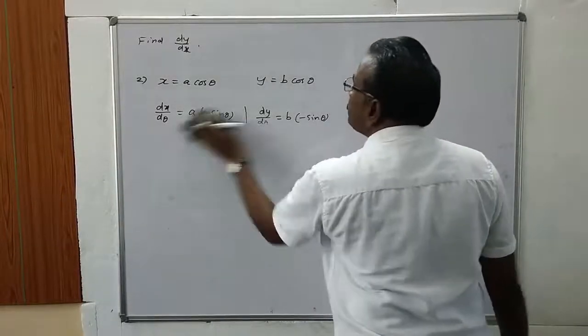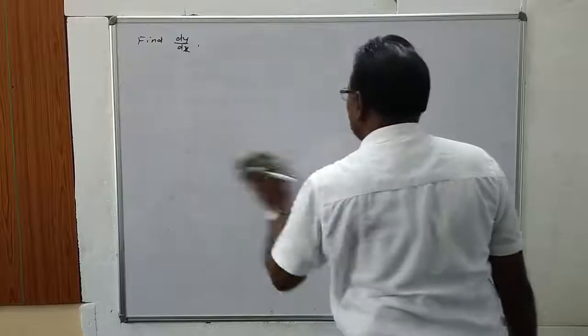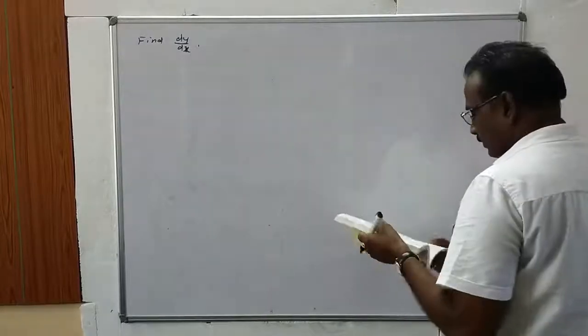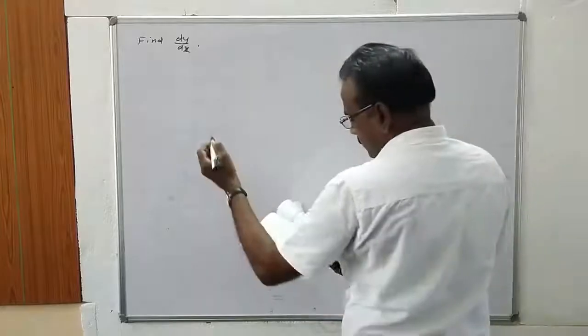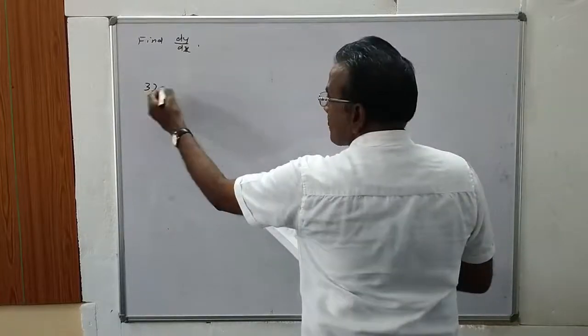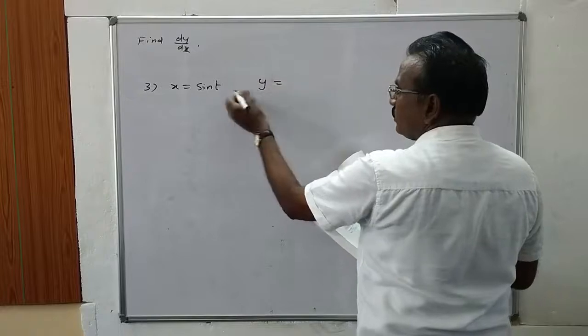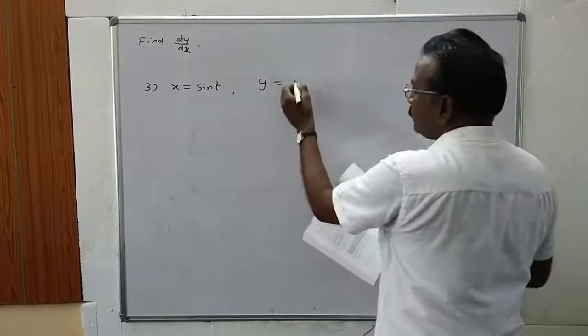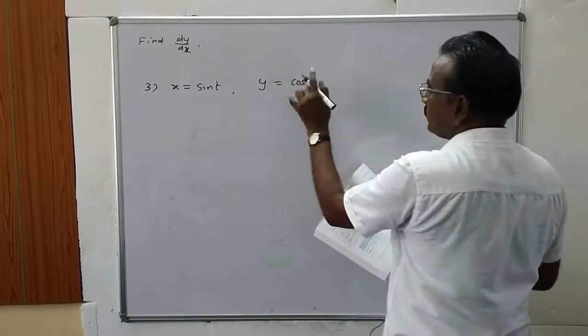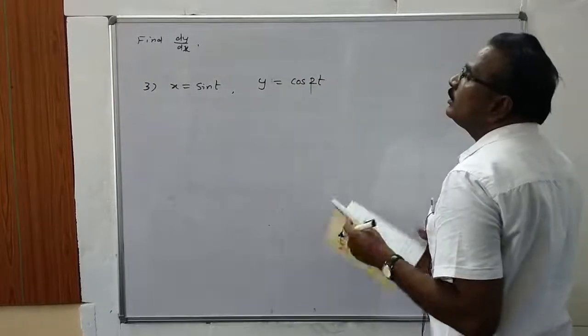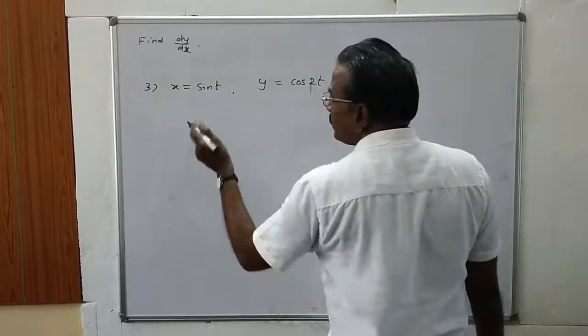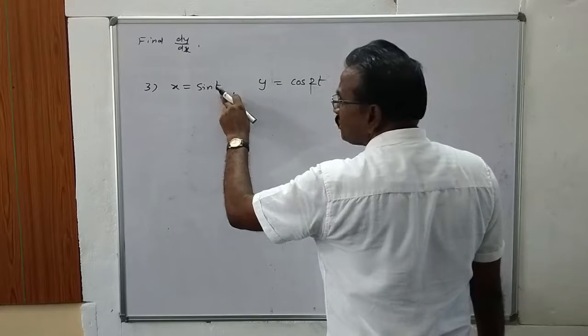Question number 3. X is equal to sin t, y is equal to cos 2t. So this is also parametric form, where the parameter is t.